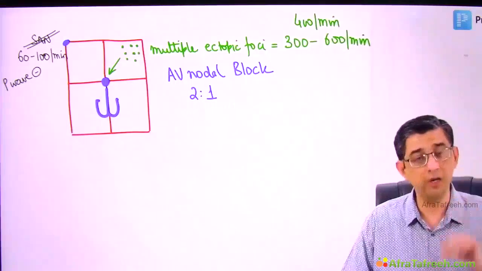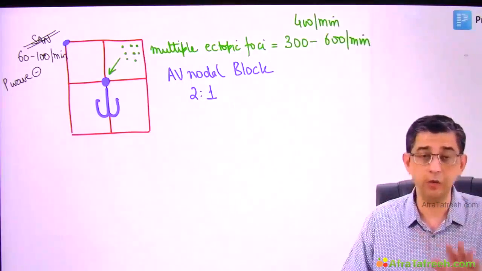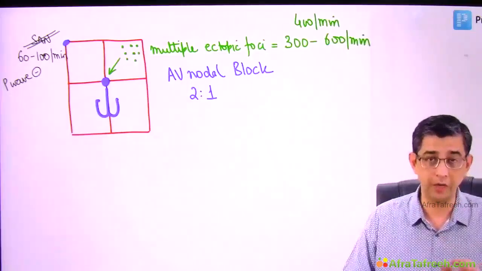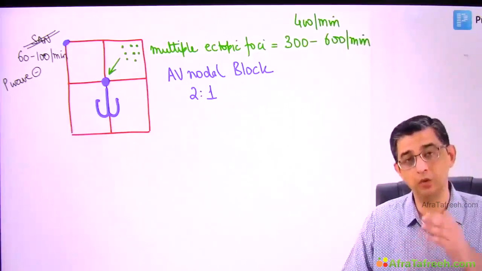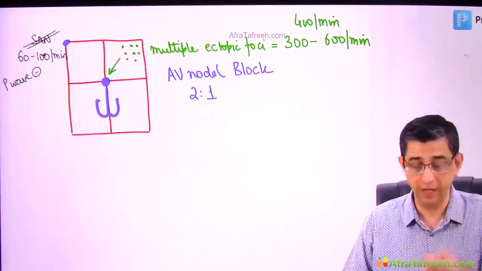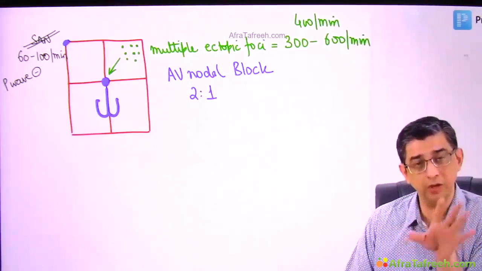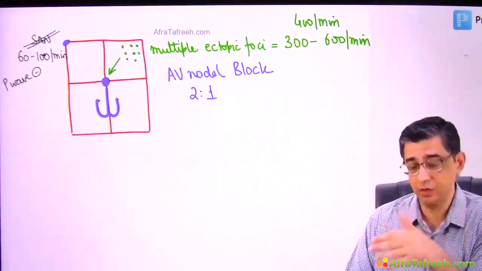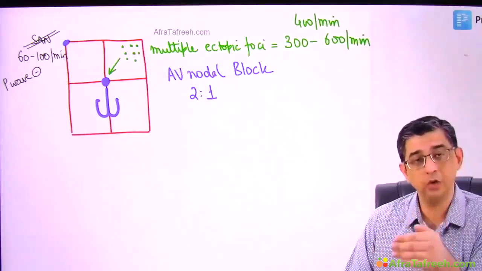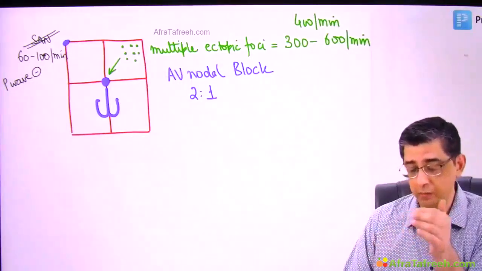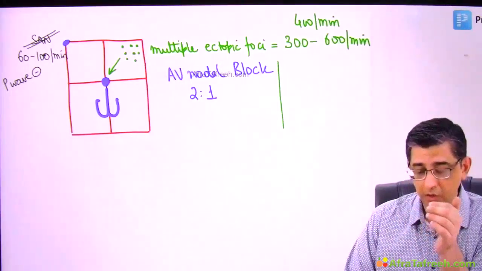If 400 impulses are landing on the AV node, all 400 will not be able to go down. I said 2:1 block means the goalkeeper, the AV node. The AV node is also called the gatekeeper of the heart, so I'm just changing that into goalkeeper of the heart. It is going to bounce off the impulses at a ratio of 2:1. That is, for 400 impulses that land, all are not going to go down.